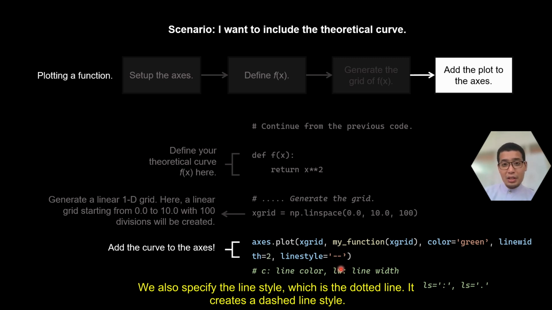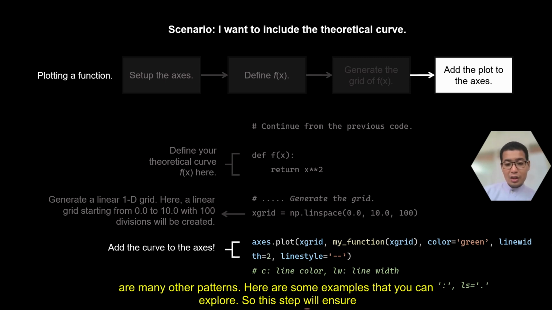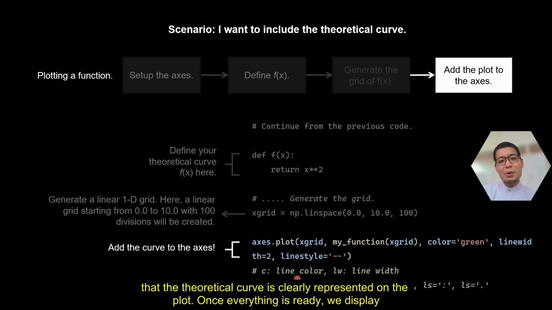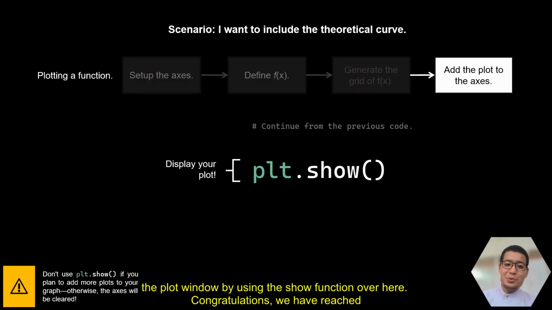Other styles are available, such as the dotted line, the dash-dot, and there are many other patterns. Here are some examples that you can explore. This step will ensure that the theoretical curve is clearly represented on the plot. Once everything is ready, we display the plot window by using the show function over here.